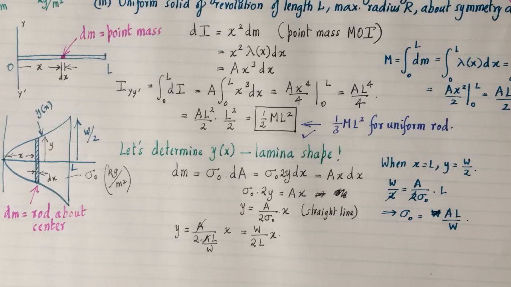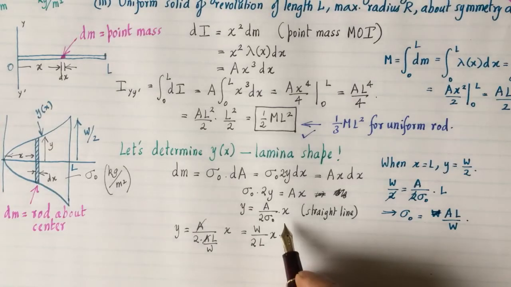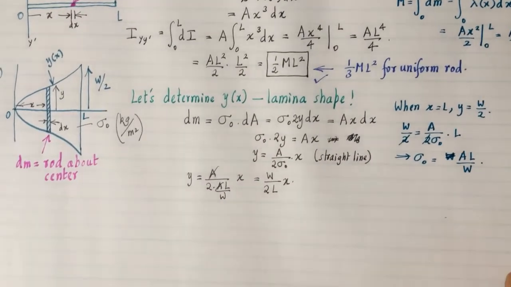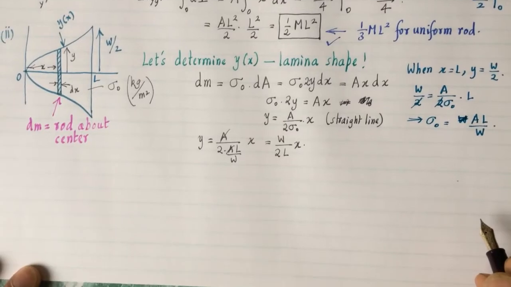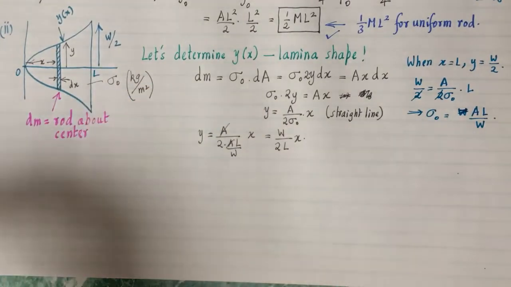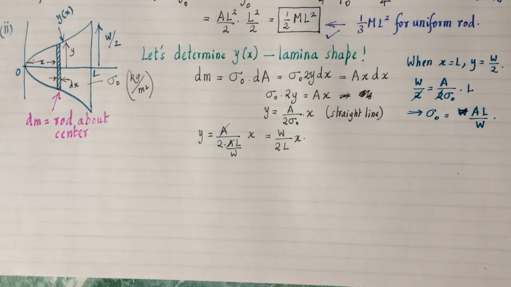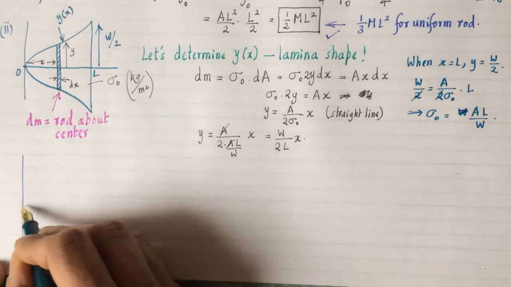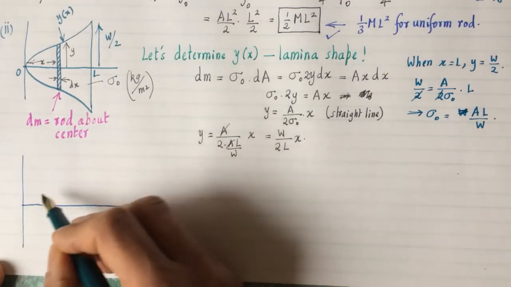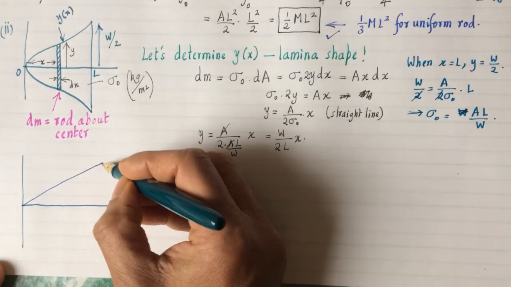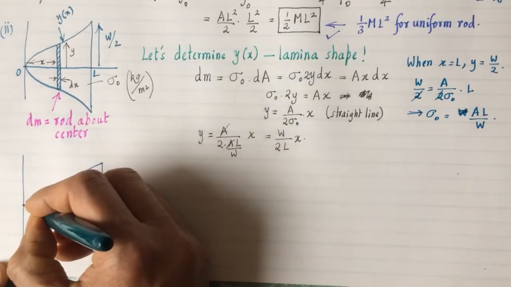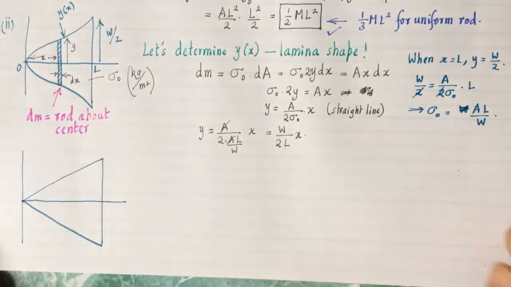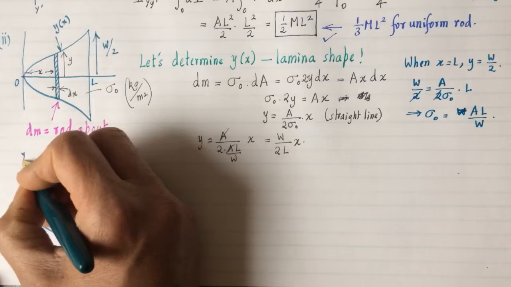I'll substitute for the moment of inertia next. Actually, I would like to redraw this, it doesn't look good now that I know what it is. It's a straight line. So I'm going to redraw this figure. Because we know it's a straight line, and hence the lamina is a triangular lamina, I think a second drawing is justified.